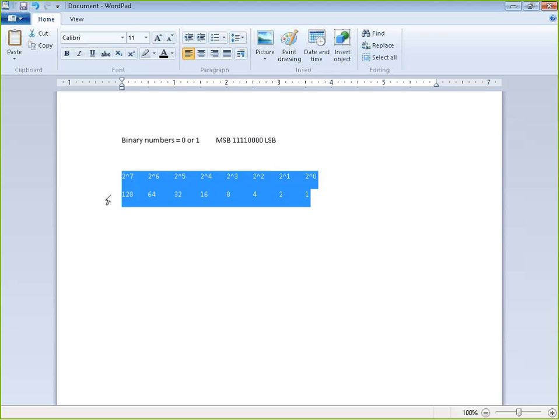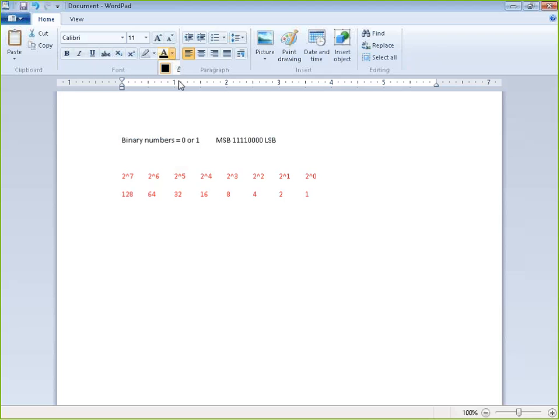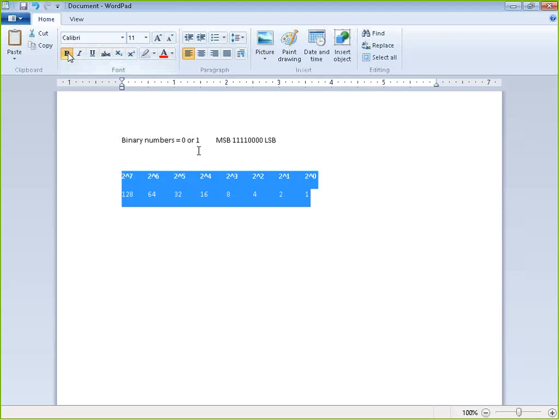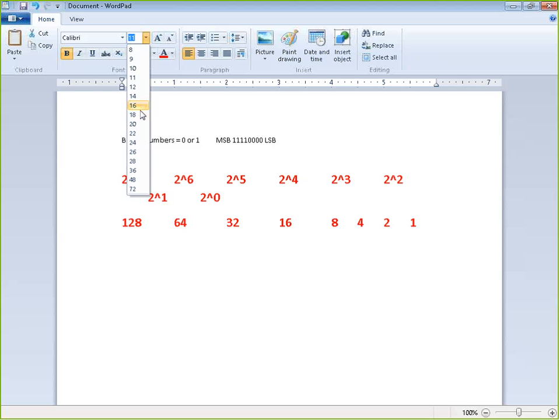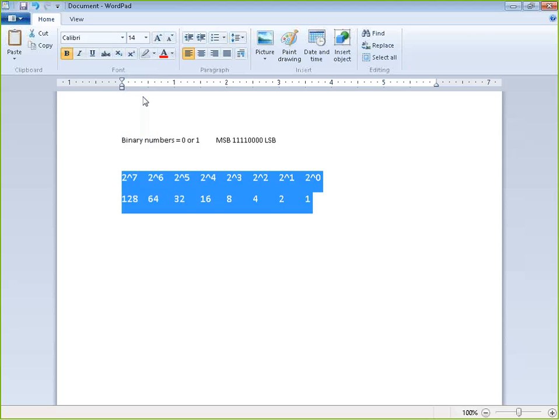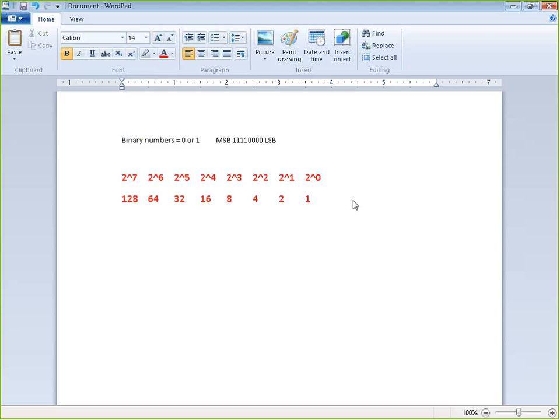And I'll just mark them in a different color so that it's visible. So this is the table that we have. Whenever we talk about the table, you have to first take the binary number given to you, and you have to put it into this table.